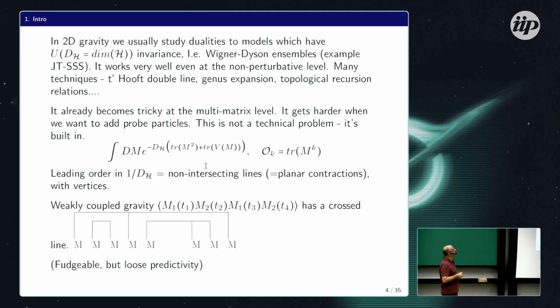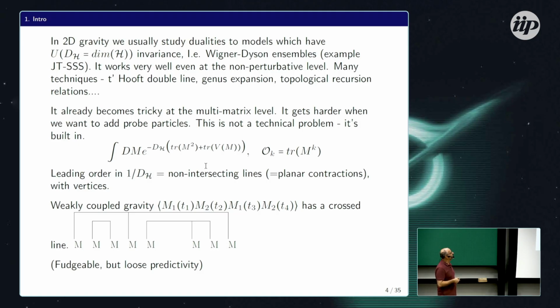Okay, a little bit more interestingly, conceptually, in two-dimensional gravity, we usually study dualities to models that have full unitary symmetry on the Hilbert space. So it's a Wigner-Dyson example. JT gravity is, I think, the prime recent example in our field, and many generalizations.